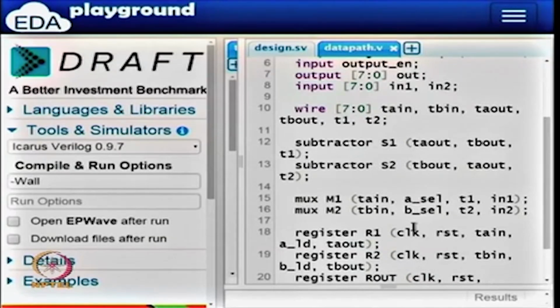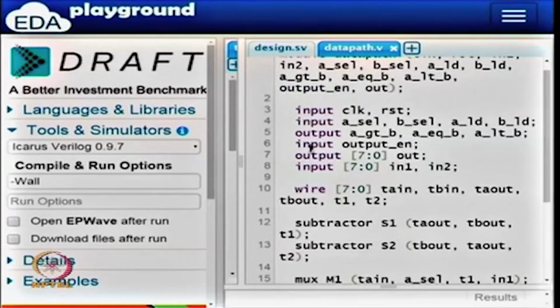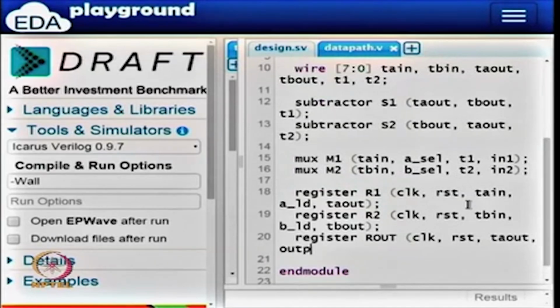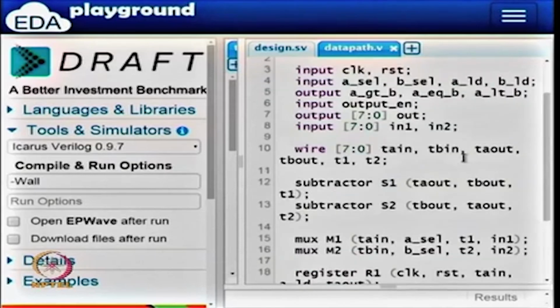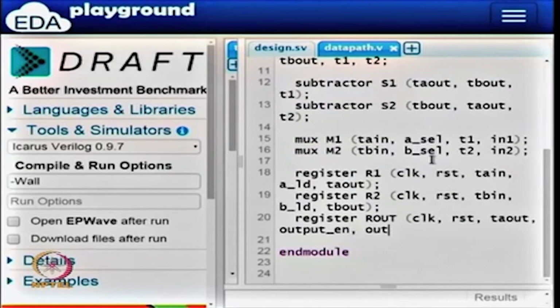The input to the register is actually TA out, the enable signal is coming from the external thing, this output enable is supposed to come from the controller. So I am going to put that here, output enable, and the actual output is supposed to be driven to the output itself, which is called out. So I am going to put that, and this takes care of the registers.